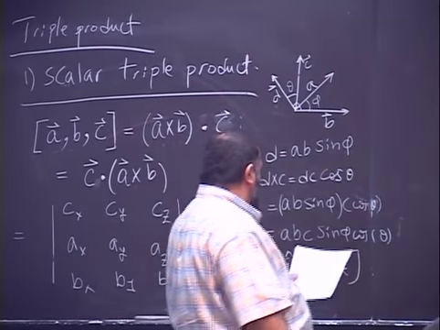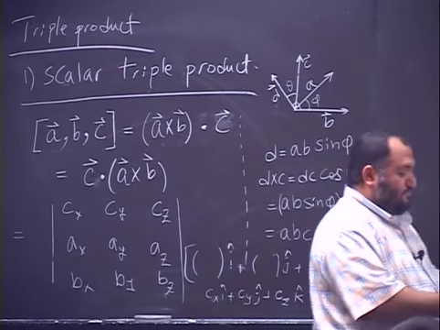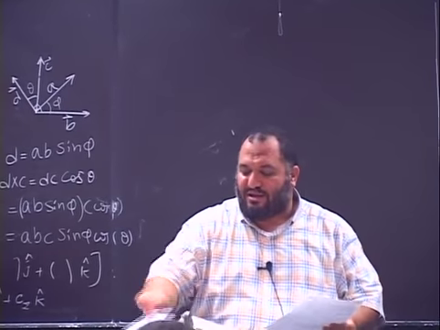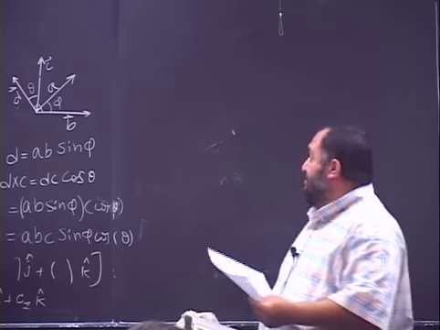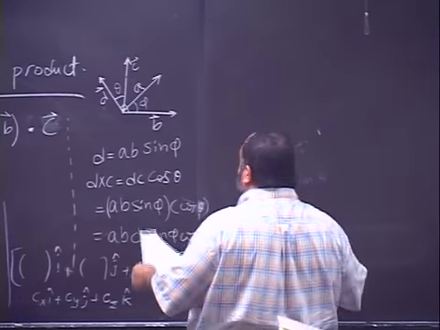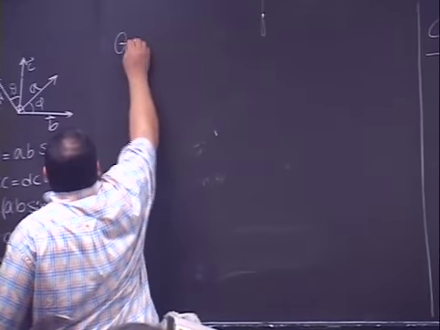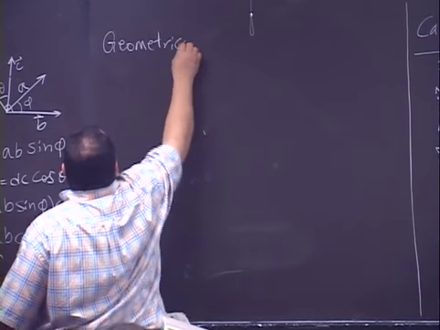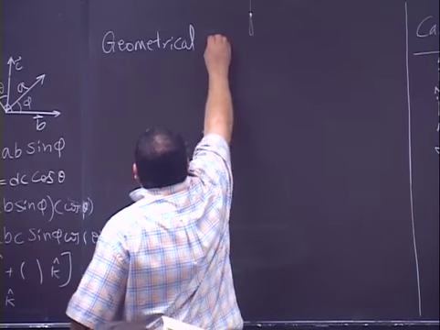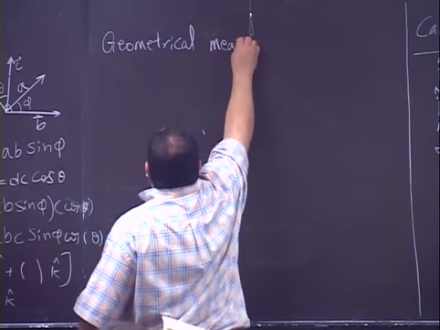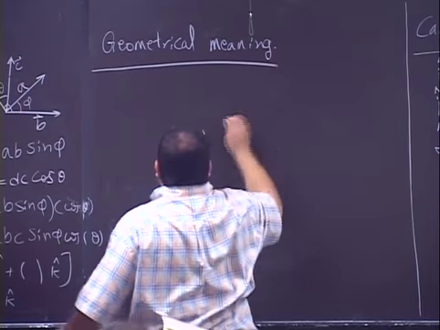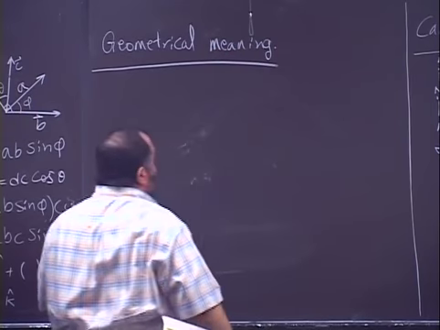So what does it mean, the scalar triple product? What's the geometrical meaning?